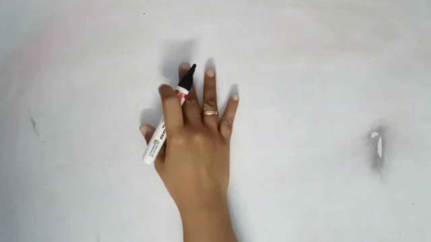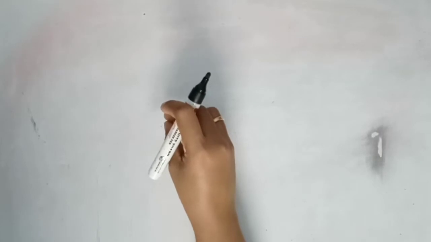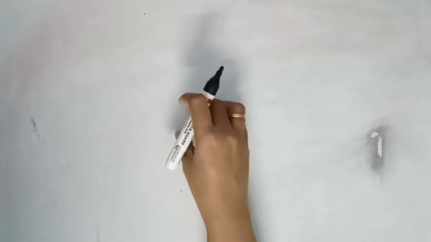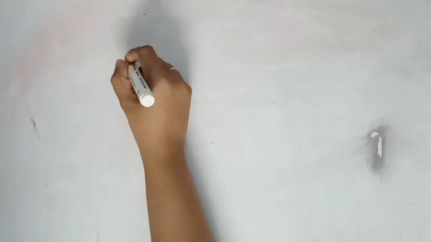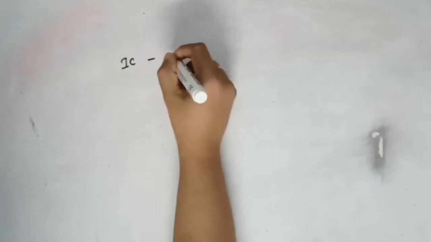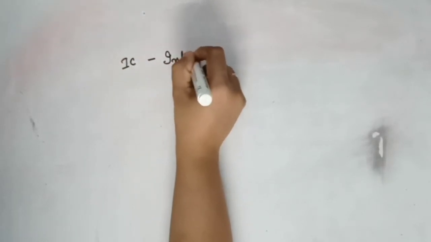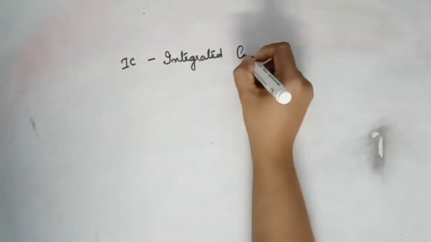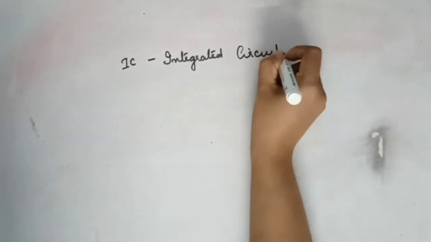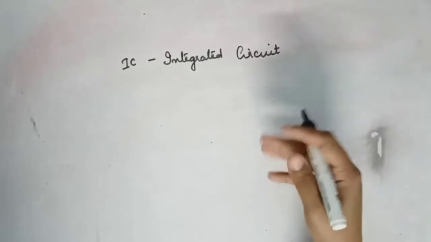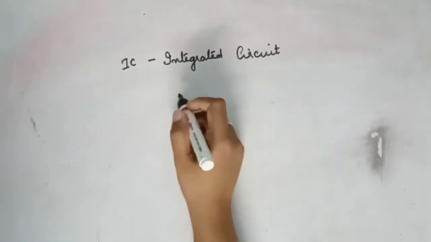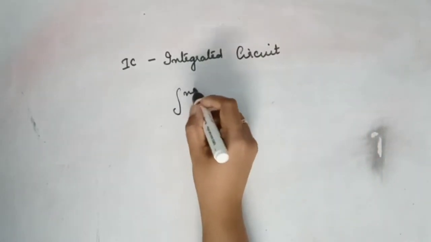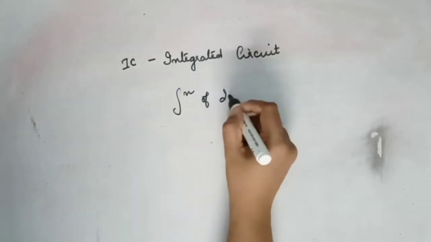So when it comes to a particular gate, you have these gates inside an IC. Now what is an IC? IC is integrated circuit. What do you mean by integrated circuit? It is an integration of different circuits.